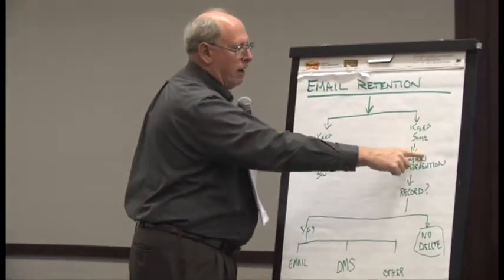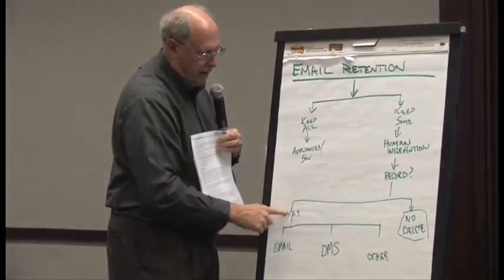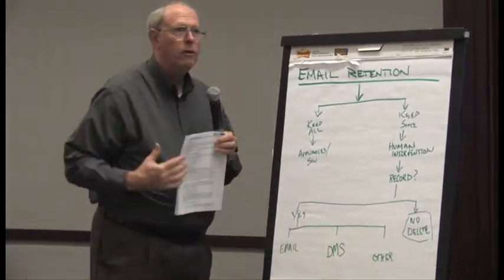So this policy that we went through and you now have copies of really follows this path. Keep some, decide if it's a record, yes, put it in the DMS. That's what this policy really governs. And most of our discussion was how to take this and go back, and when you read it, you'll see there are several places where you need to sit down and have a conversation with your firm's attorney, legal counsel, in-house or outside, whatever your system is.